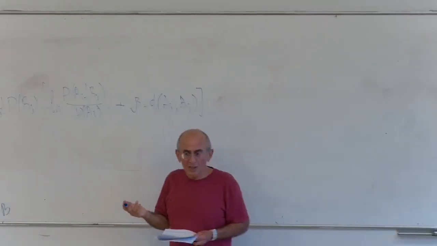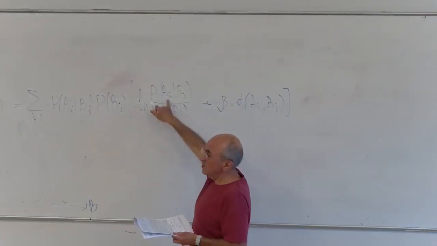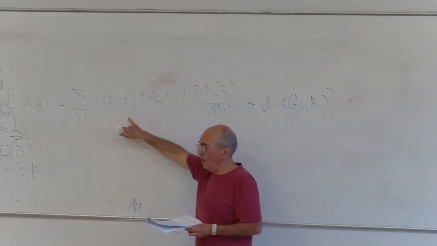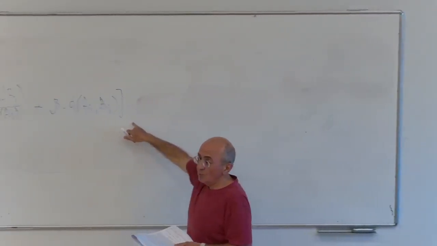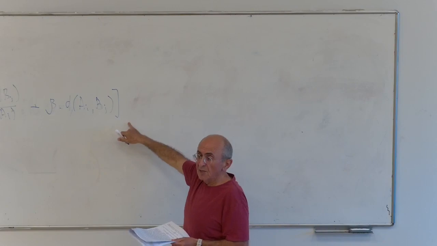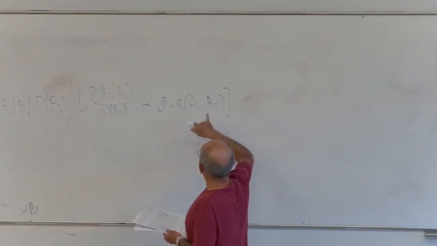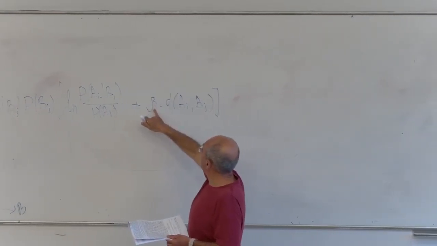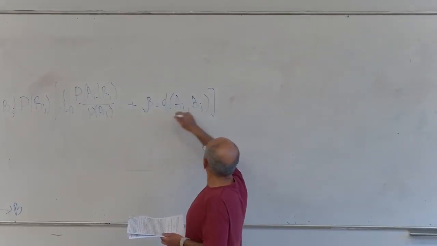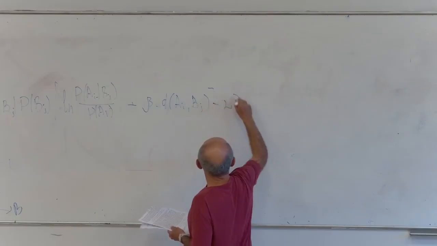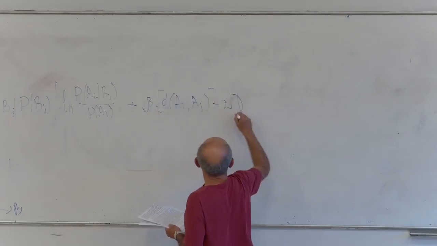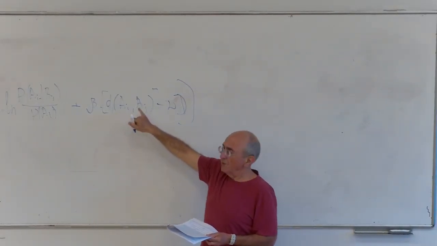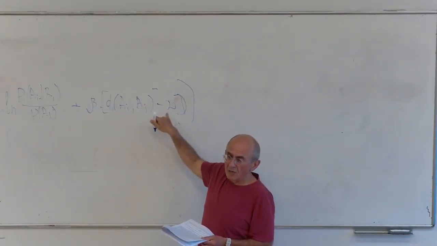So by the Lagrange method, I need to find this conditional probability, which now realizes an extremum of this function. You remember, right? Which means that I need to differentiate with respect to p, and I need to also differentiate with respect to beta. With respect to beta would give me, technically, what must be written here is this one, right? So I add the condition that the mean value of this function d is equal to this number D. Okay?